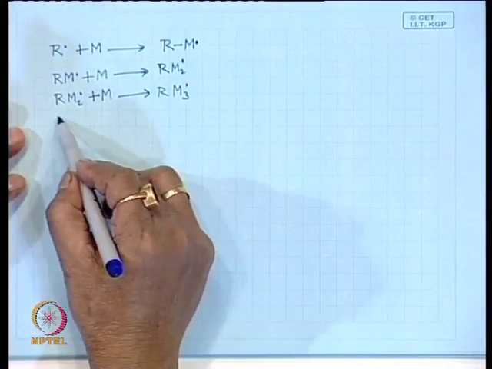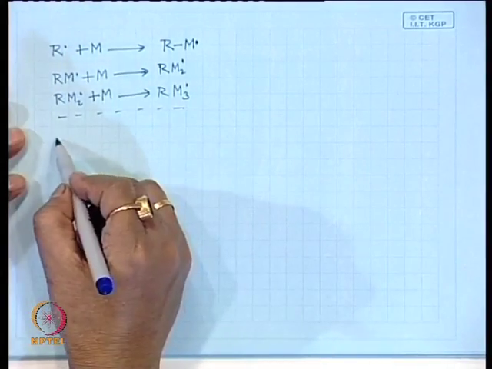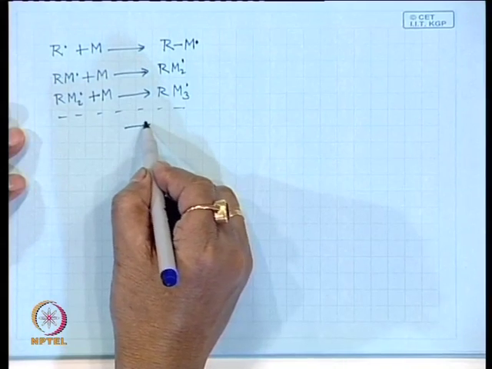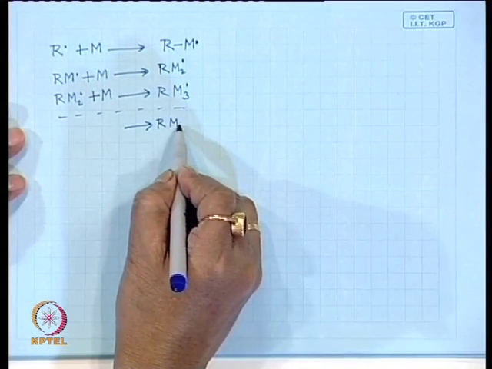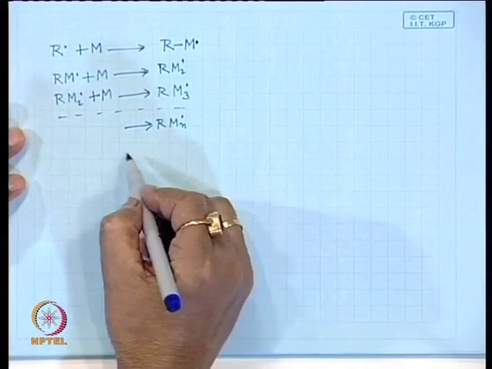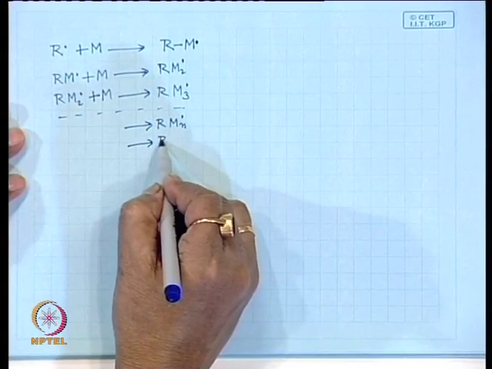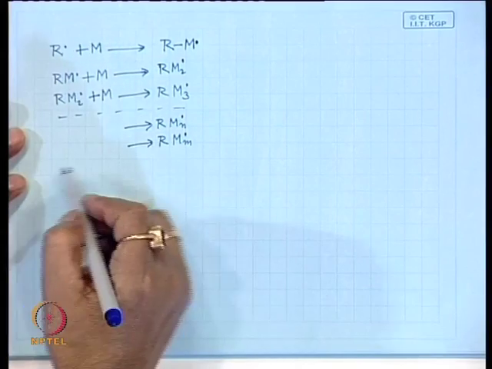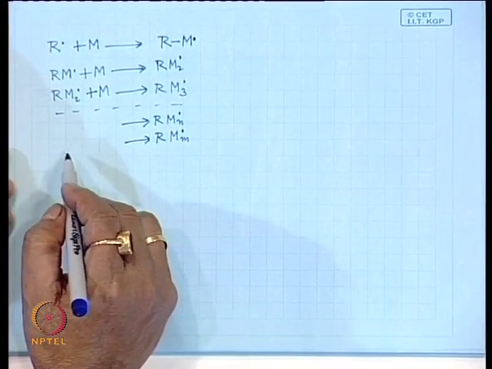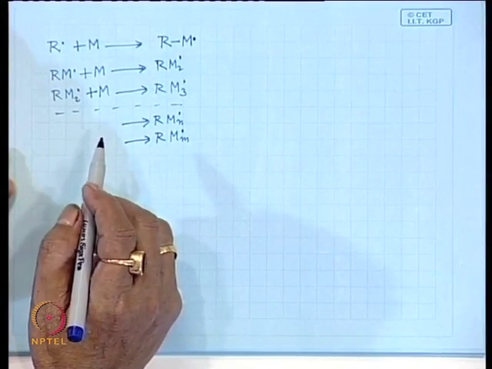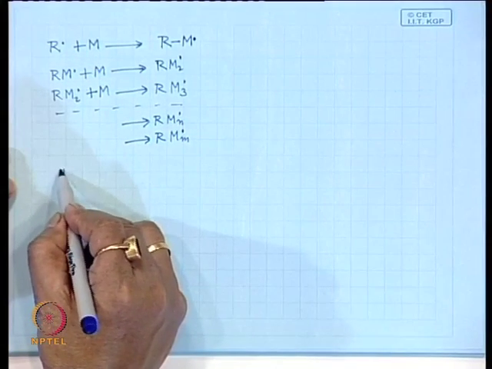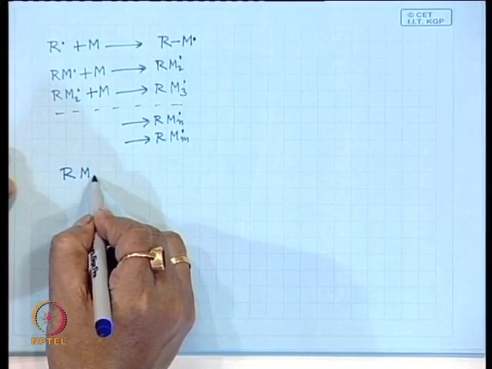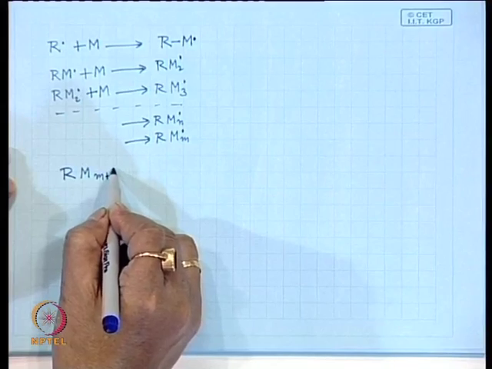This way it continues till we get R Mn dot. Likewise, we can get R Mm dot, and in the termination step we get R M(m+n) R.